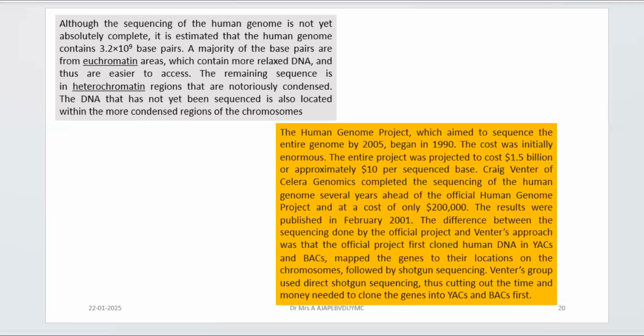We know that the human genome has about 3.2 times 10 to the power 9 base pairs. It is an estimated figure, right? Now, when I say estimated, what kind of question arises in your mind? What does estimated mean? Is it not actually counted? Is it not really known?